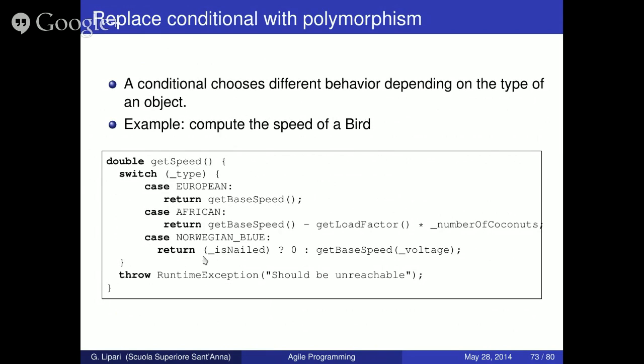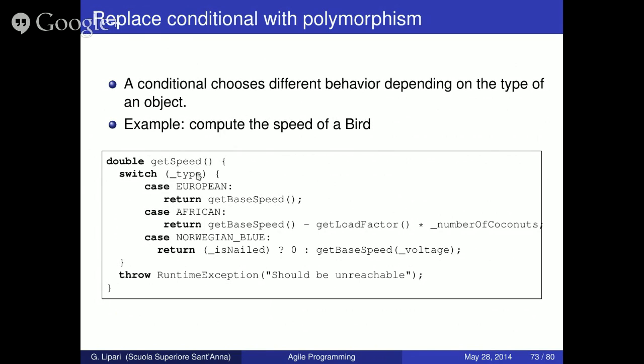And if it is Norwegian blue, and it is nailed, it's 0. Otherwise, it gets base speed of something voltage, where voltage is a member of this class. If it is none of these, I throw a runtime exception, should be unreachable.